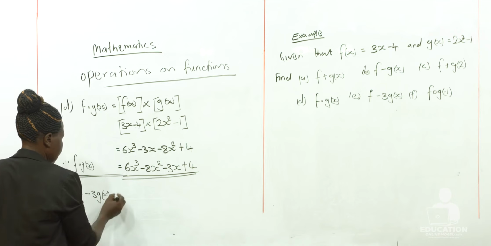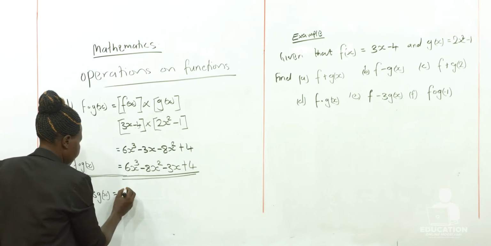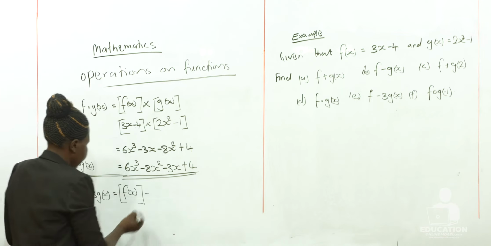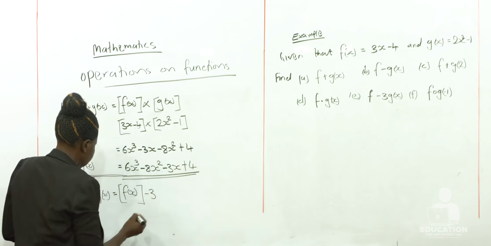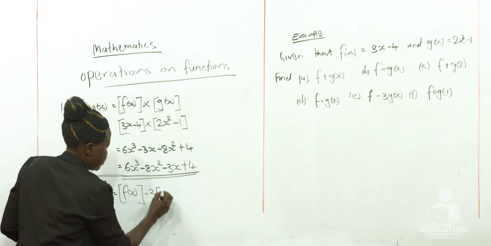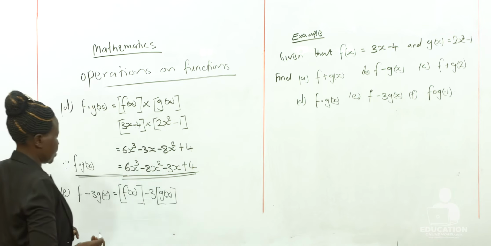What does it mean? It means you are going to have function f minus the constant 3 times function g. That is what it means.